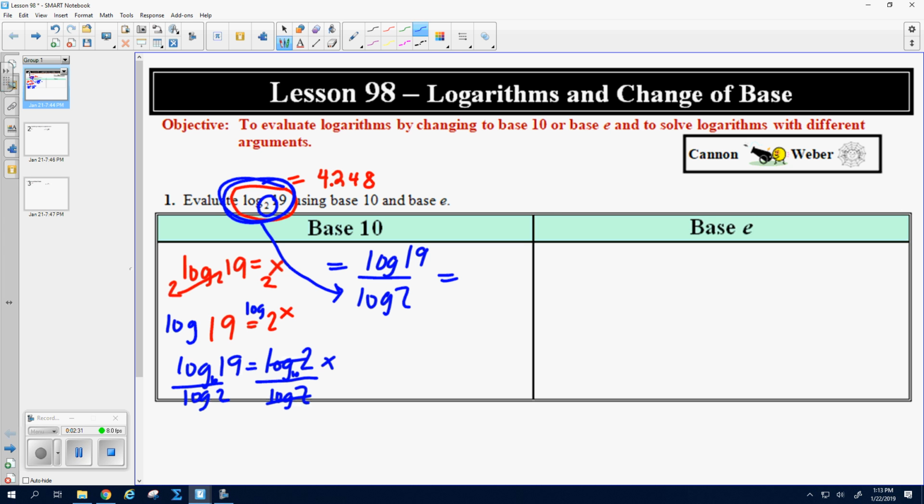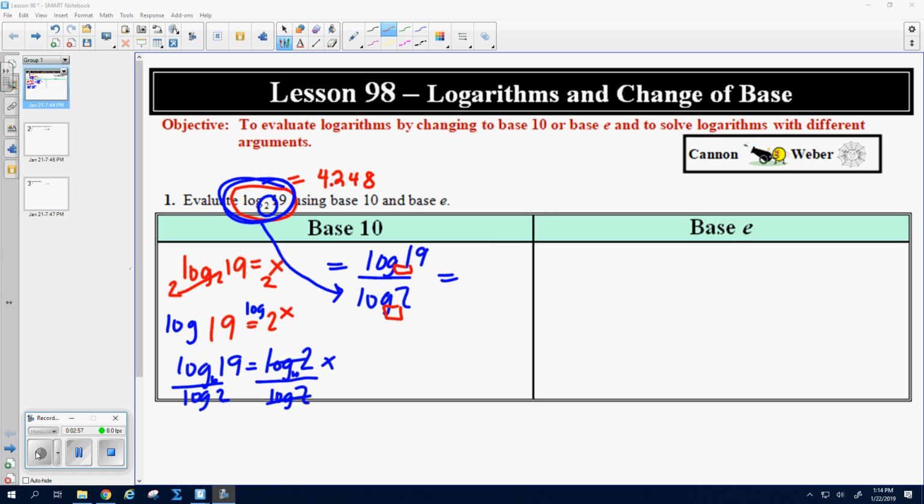All right. And then we can plug it in like this with a base of 10. And I want you guys to go ahead and do this on your calculator. You can actually leave this guy blank, and it knows that there's a 10 there. Okay? So when you plug it into your calculator, plug in log 19 divided by log 2 and leave the little base blank. Or if you really want to plug in a 10.